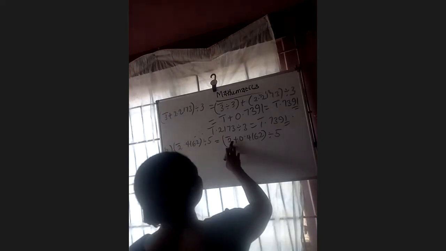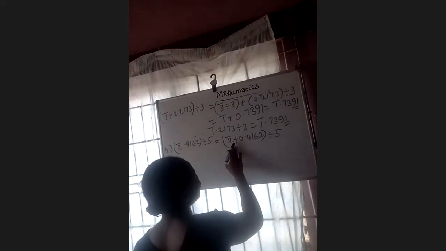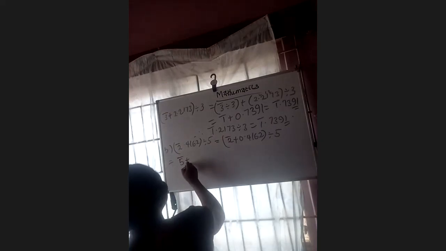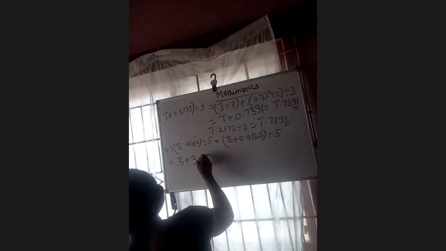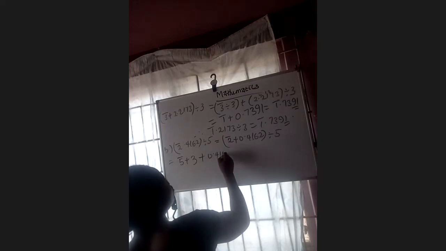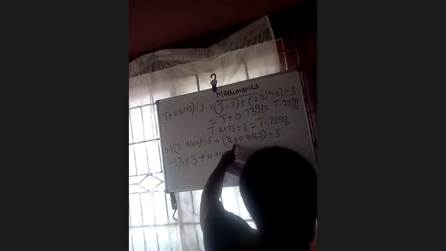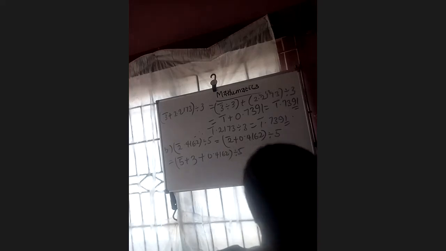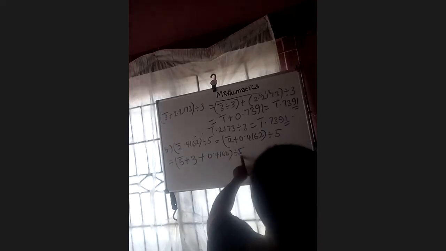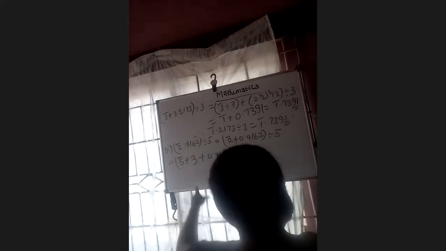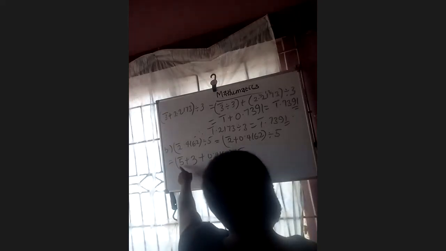We want to express this in terms of 5. So we have it as bar 5 plus 3 plus 0.4162 divided by 5, because minus 5 plus 3 will give us minus 2. I want to break it down in relation to our divisor, which is 5. That's why we pick bar 5 plus 3.